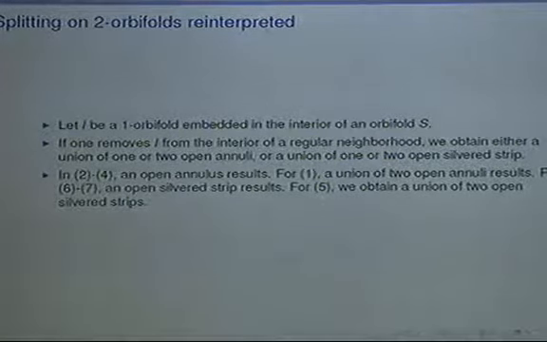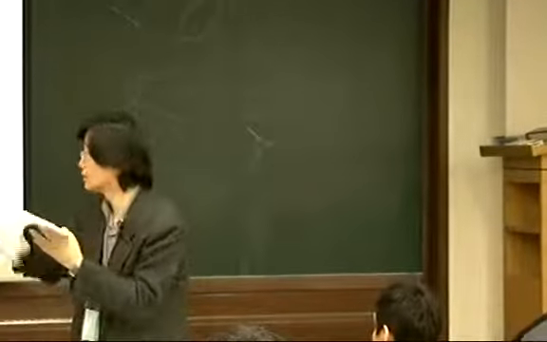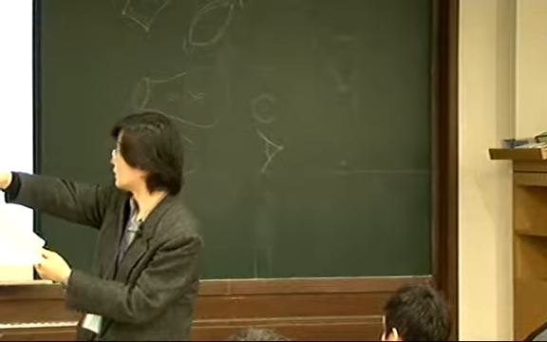Right, sorry. So for example, for this one, if you have a 1 orbifold and then you're removing it, it means you just cut it, right? Right. So if you cut it, then you get just 1 open.